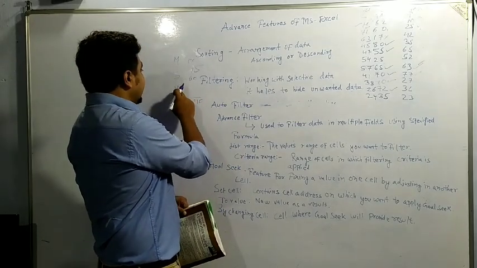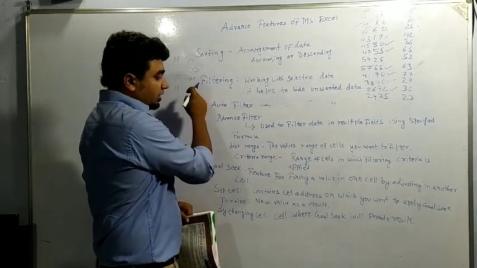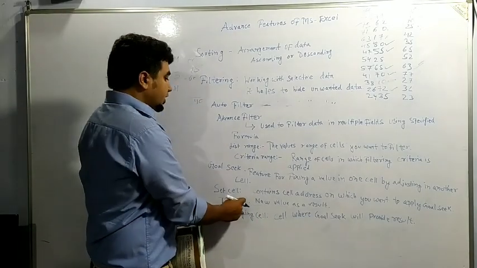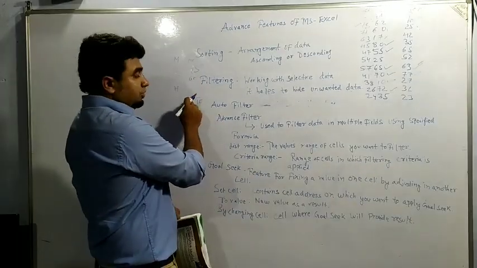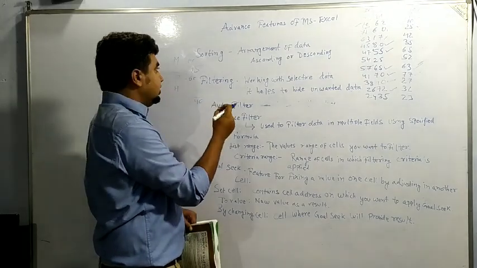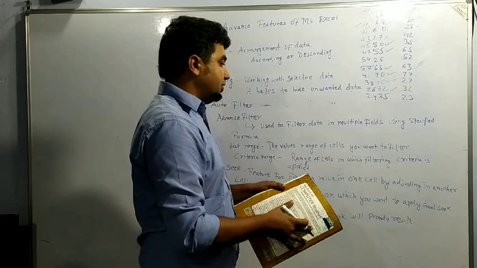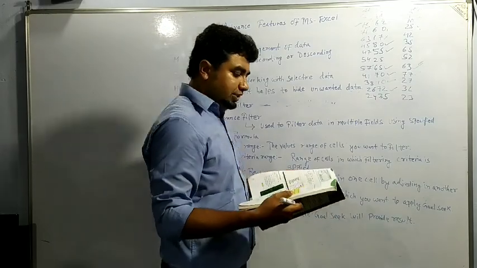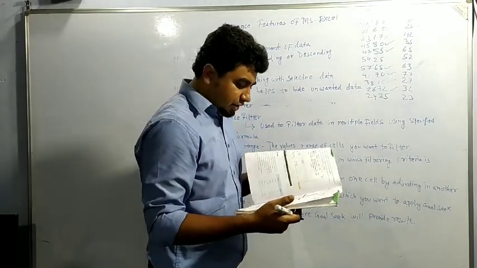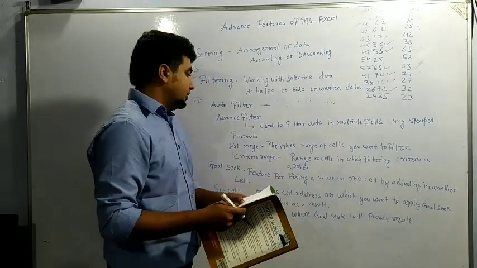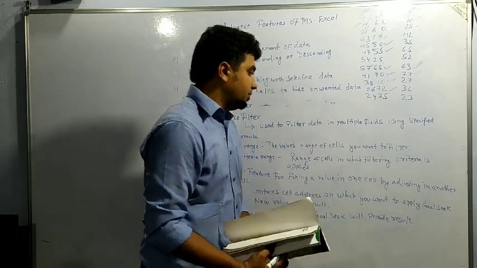Means what is the result, what marks you will be getting in Hindi. And new value means if you want 240, that is the new value. The set value, or set cell, contains the address where you want to apply goal-seek.